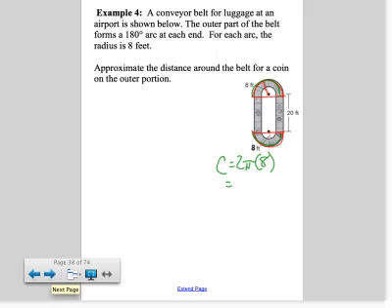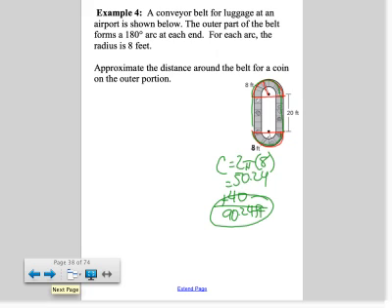So those two lengths added together, I get 2 times 3.14 times 8, and I get 50.24. Then I also have to add in this 20 and this 20, so that's 40 more. When I add 40 to that number, I get 90.24 feet as the distance traveled by the coin.